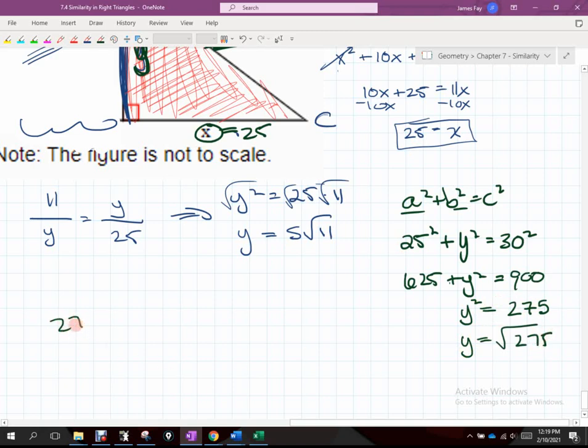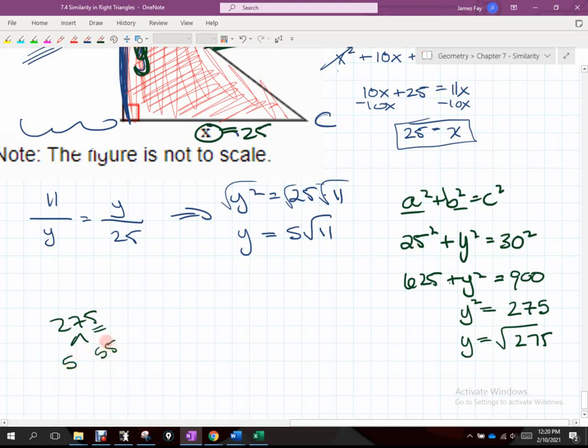let's go to 275. Since it ends in 5, it's divisible by 5, right? How many times does 5 go into 100? 20. So it's going to go in 40 times, and then how many times does 5 go into 75? 15.